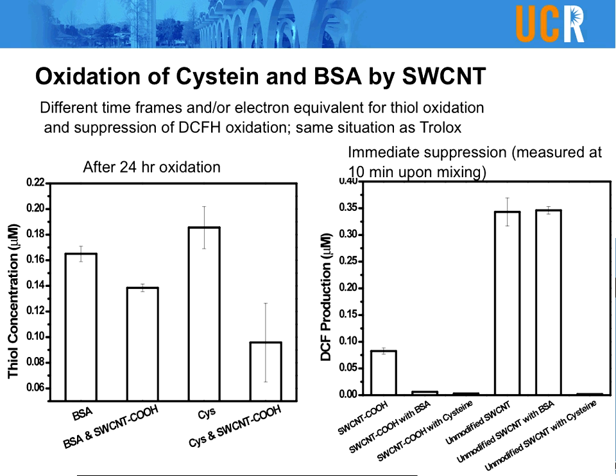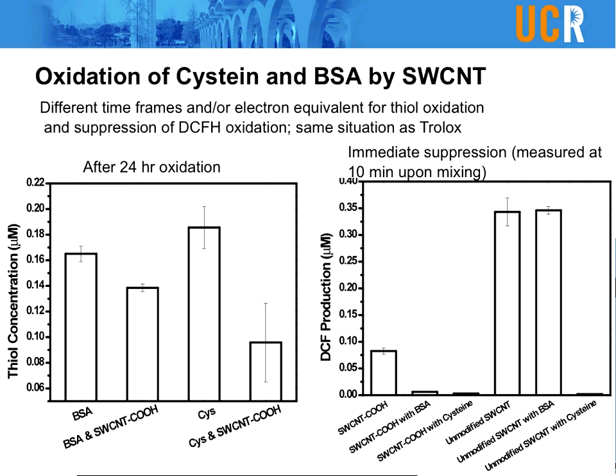And after 24 hours oxidation of the BSA and cysteine, we actually found out the thiol group in these two molecules will be reduced. However, like I mentioned before, the suppression effect does not match with this kind of oxidation effect.